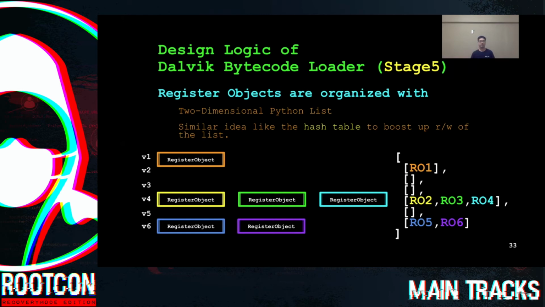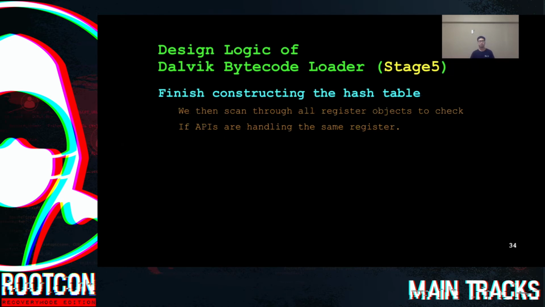So basically, the whole table is the history of the registers. When we finish constructing the table, we then scan through all register objects in the table to check if the native APIs are handling the same register.